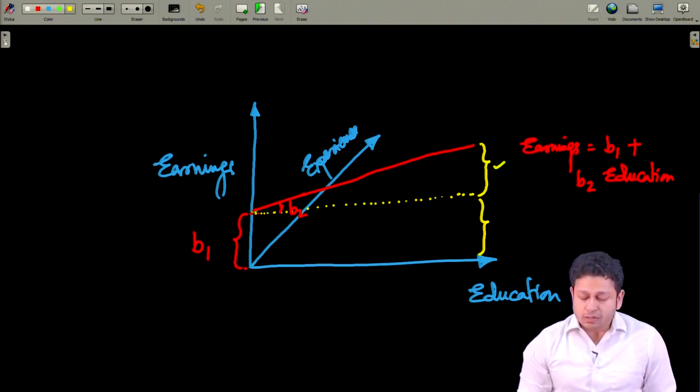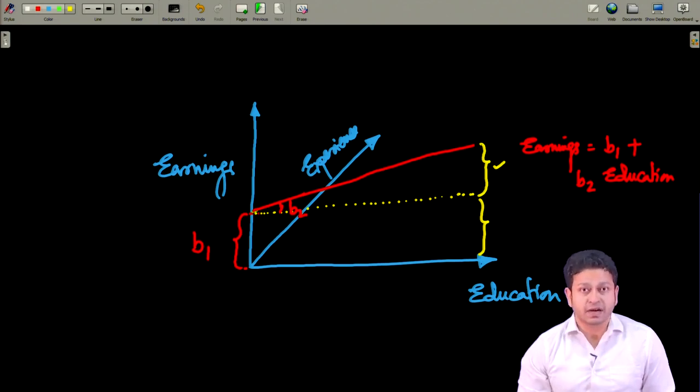Now we will also be interested to understand the pure effect of experience, right? Because all these different components do matter when it comes to earnings, because we have already specified in our model that it is both education and experience which matter so far as my earnings is concerned.